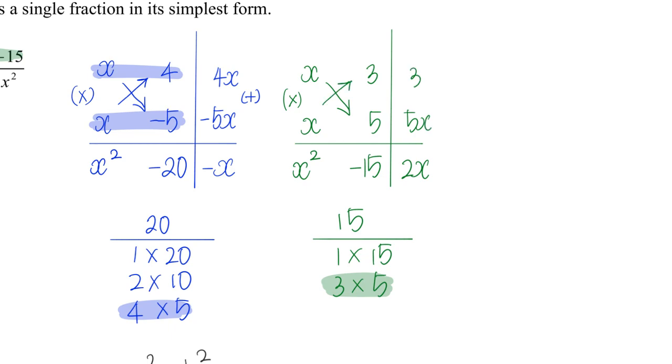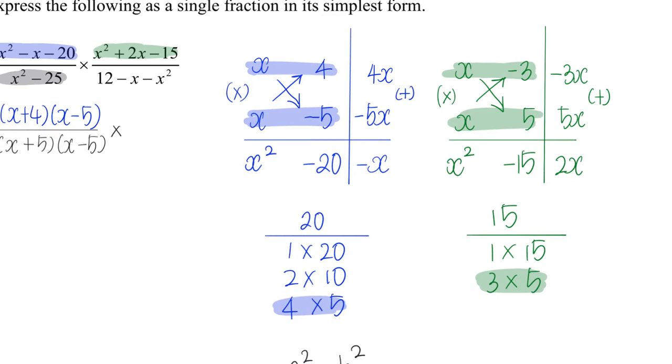Having written this down, I could decide which one could be my negative. Yes, 5x minus 3x will give me positive 2x. So -3 times positive 5 will give me back my -15. And so I've gotten my factors for this.